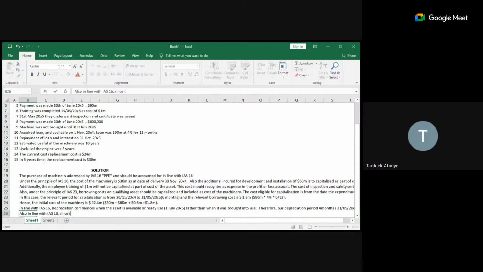Since the machinery is a complex asset, or composite asset, we tell the examiner that it has components.